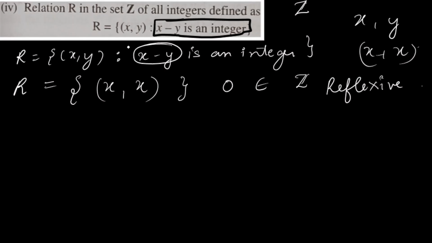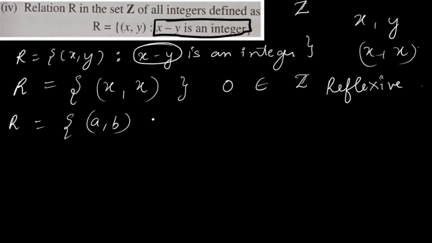Okay, now let's check for symmetric. If I have (a, b), a and b are both integers because we are choosing numbers from the integers. So if a minus b gives me an integer, b minus a will also give us an integer. We already know this with certain examples.